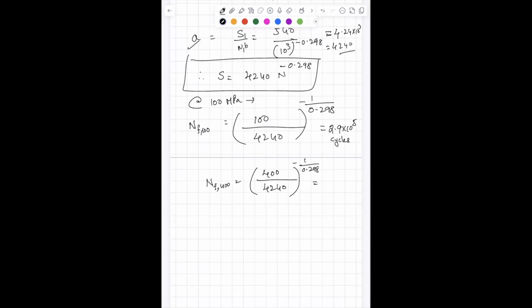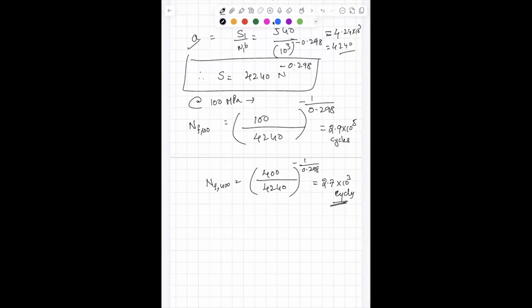Second one is 2.77 into 10 power 3. Okay. Is this clear? Are there any questions in this problem? All that we have done is, in the previous problem, when you add correction factors, of course, the life will change. That's what we have observed.